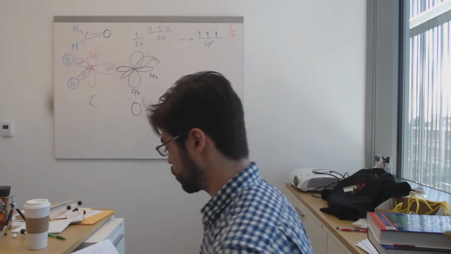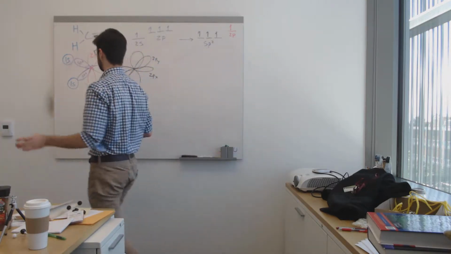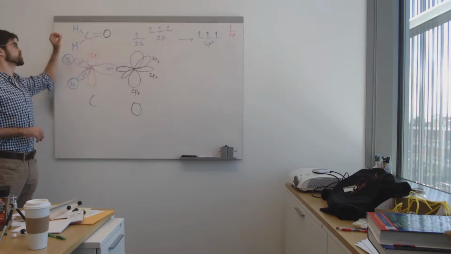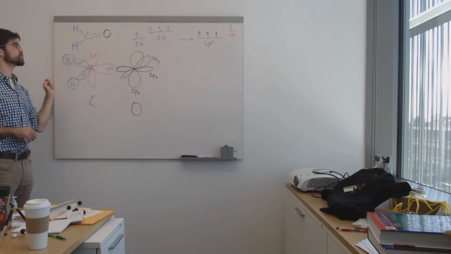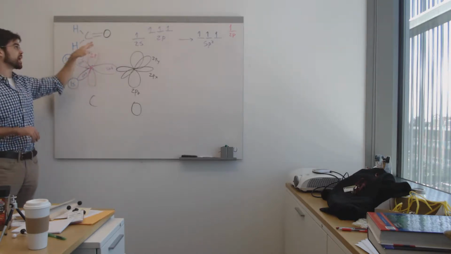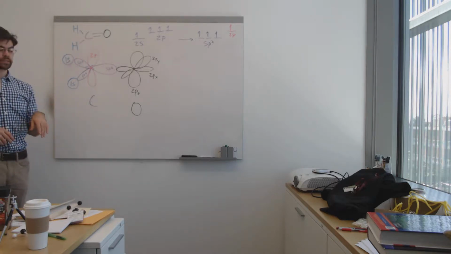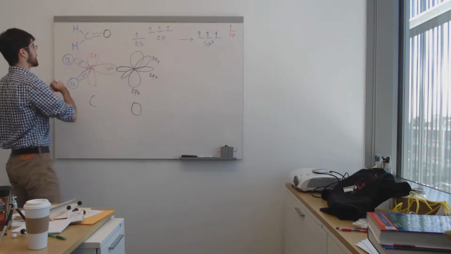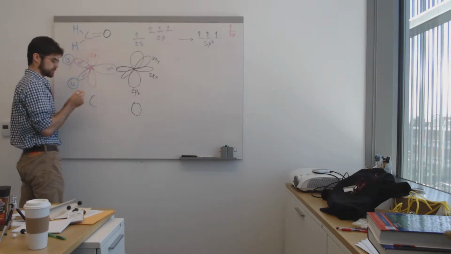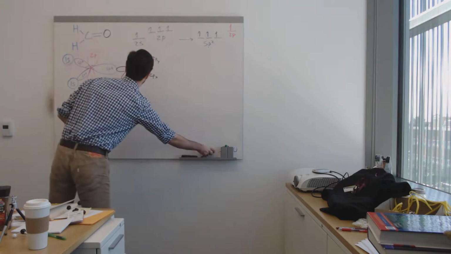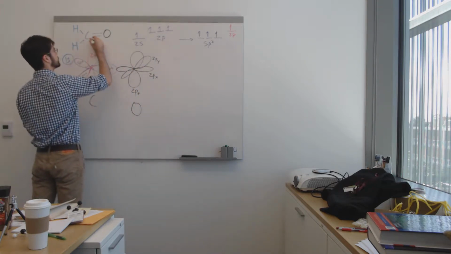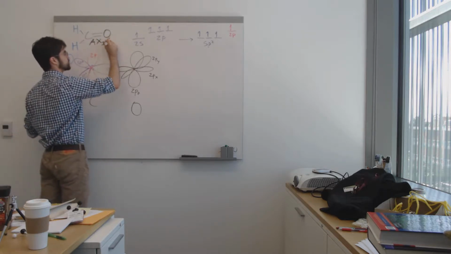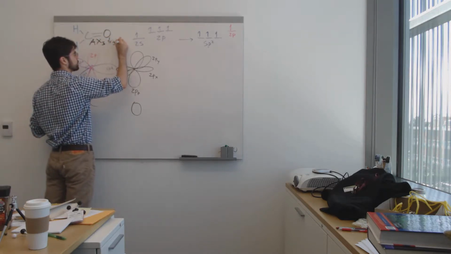So let me illustrate that with an example here. This is formaldehyde, so I have carbon doubly bound to an oxygen atom and singly bound to two hydrogen atoms. If I were to apply VSEPR theory to this, the VSEPR formula for the carbon is AX3, so I predict that it's going to be a trigonal planar geometry.